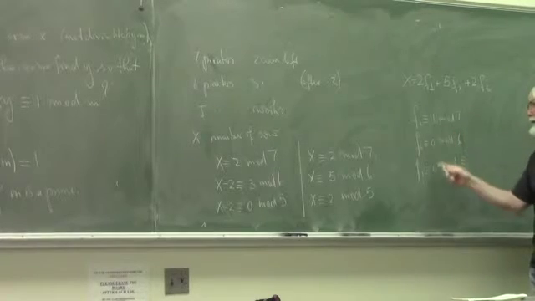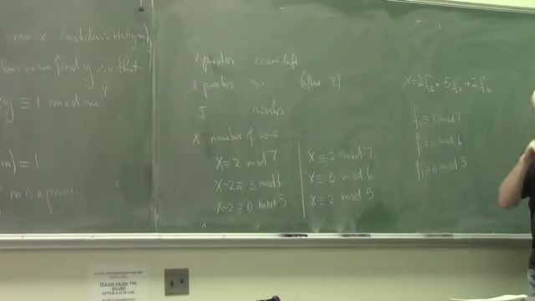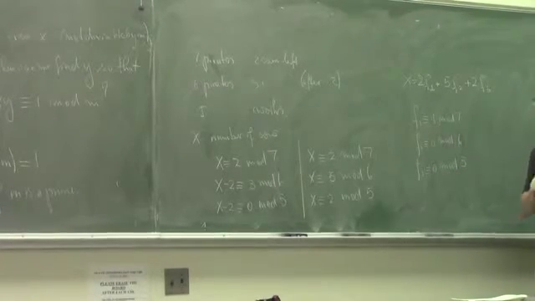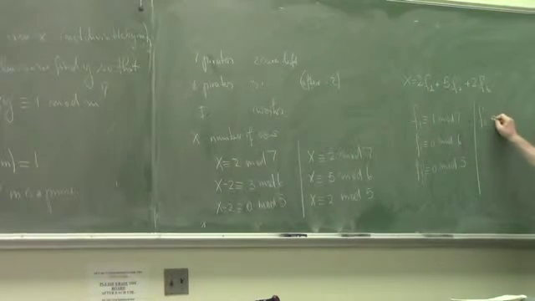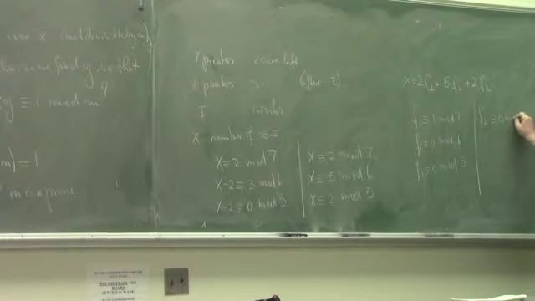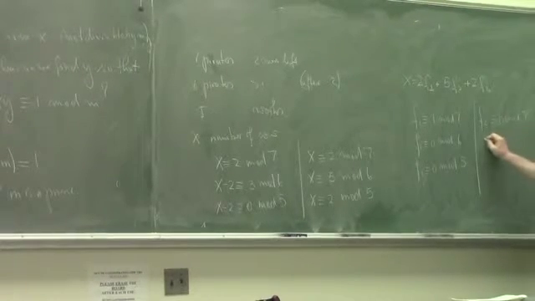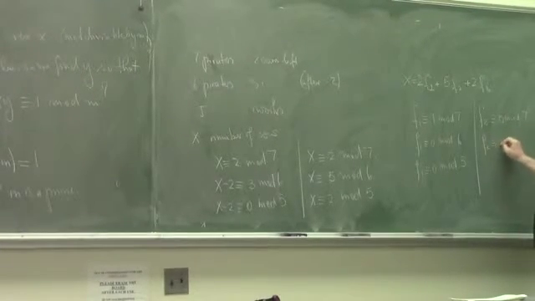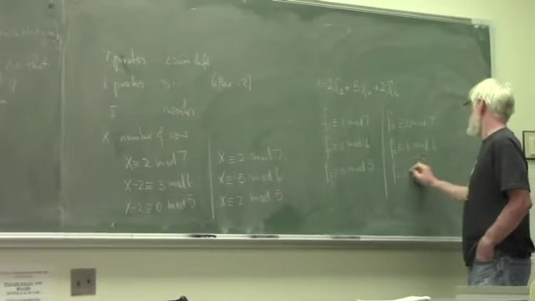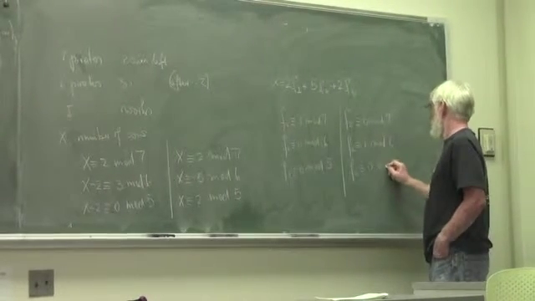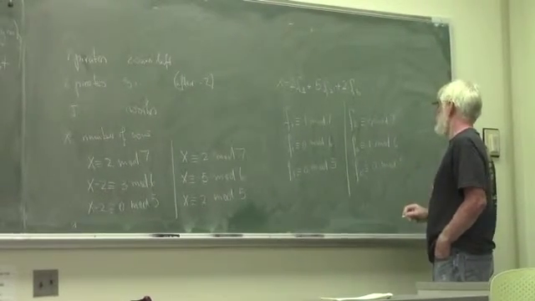So I want to find some number like this. Then F2 is congruent to 0 mod 7, F2 is congruent to 1 mod 6, F2 is congruent to 0 mod 5.